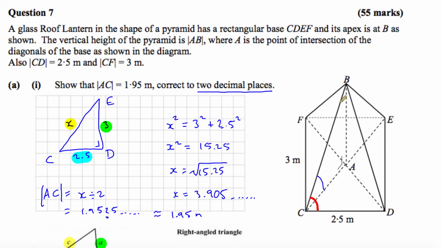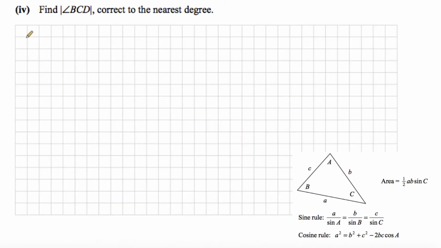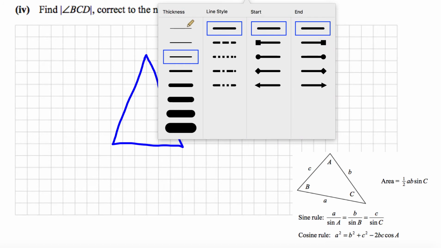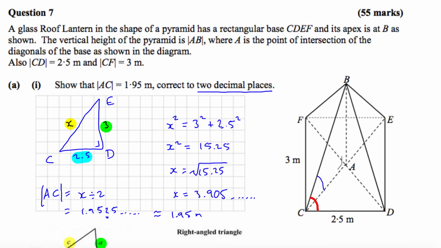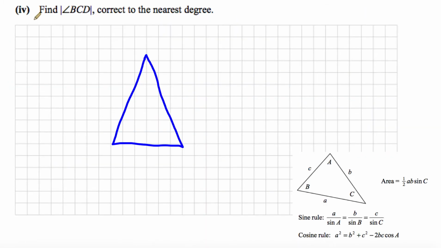So if you can imagine the triangle BCD, it will be like this. You've got B at the top and then C and D.